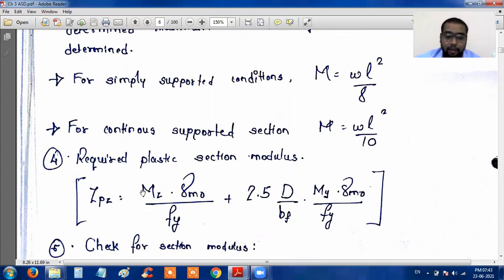Mz into gamma M0 divided by Fy, which means yield stress, plus 2.5 d by Bf, where Bf is the width of flange, into My into gamma M0 divided by Fy.